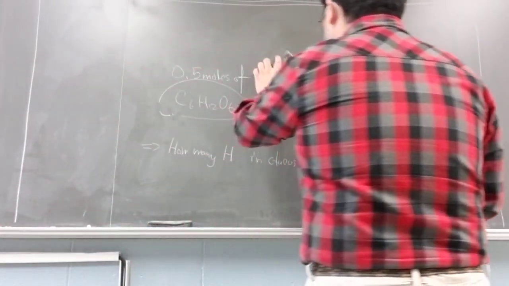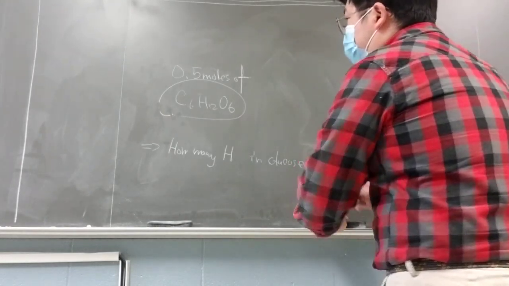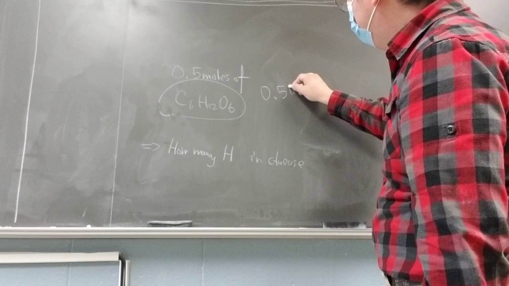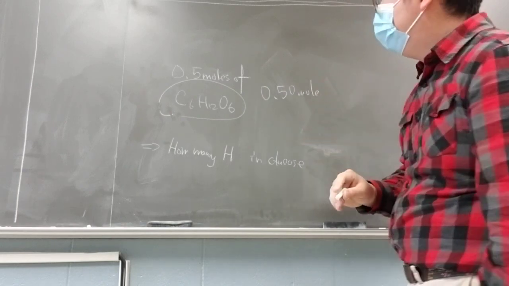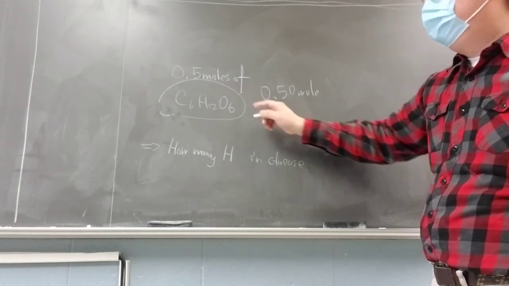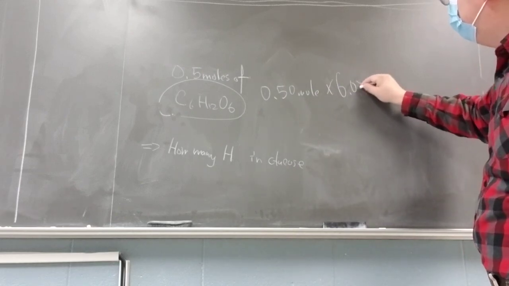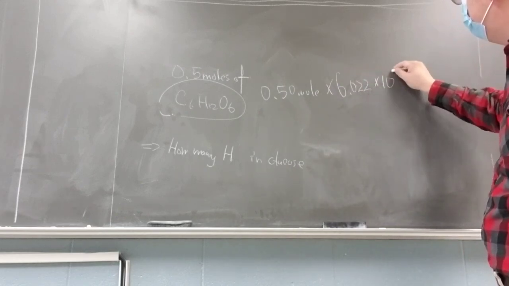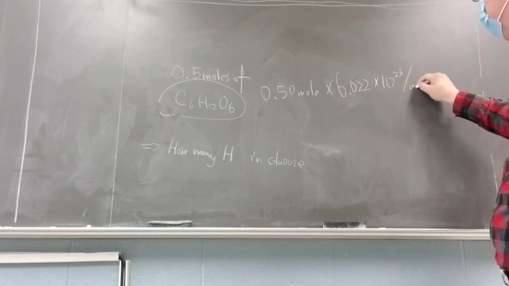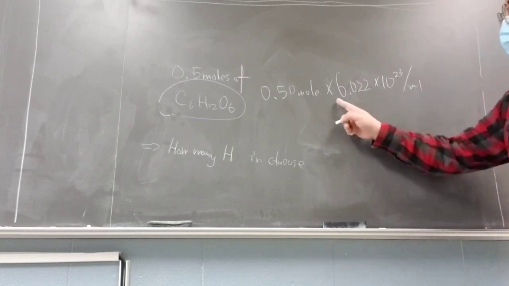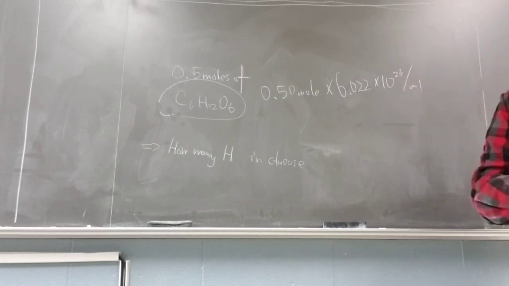So what all you need to do is this. You know this is 0.5 moles, and you multiply this by Avogadro's number. If you have anything at 1 mole, you know this many is the actual number of that, right?